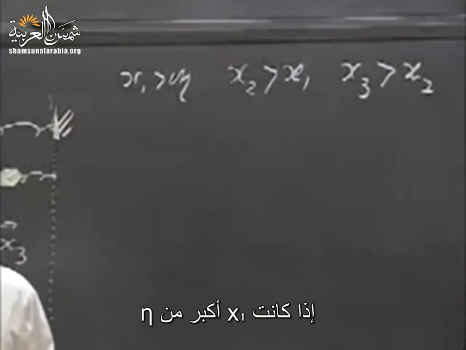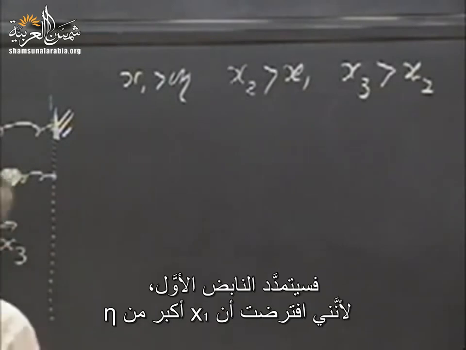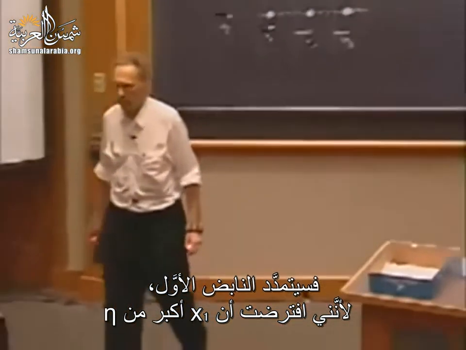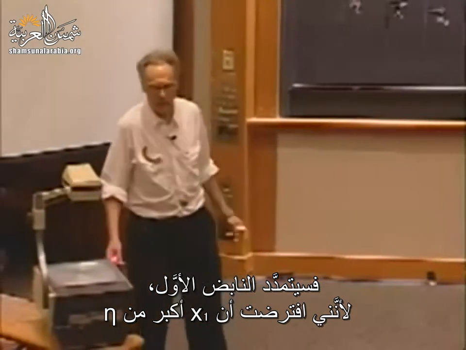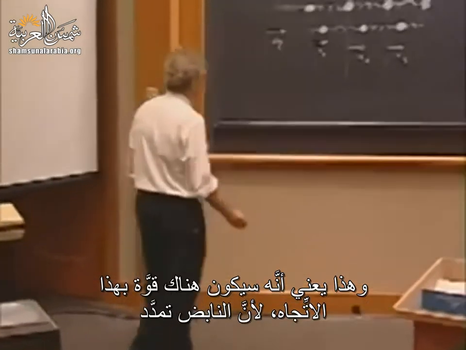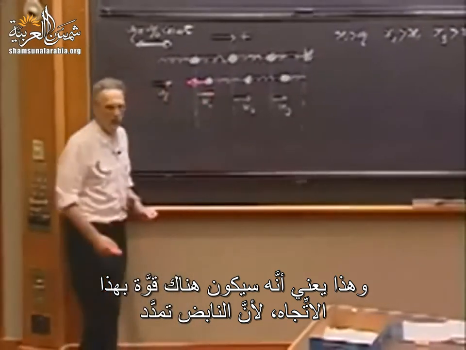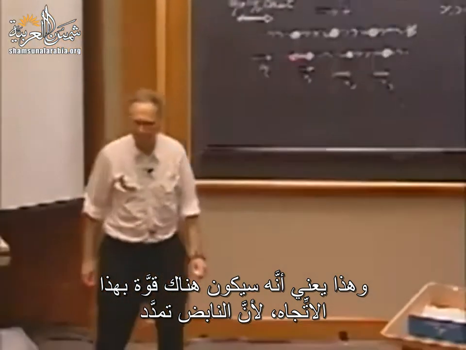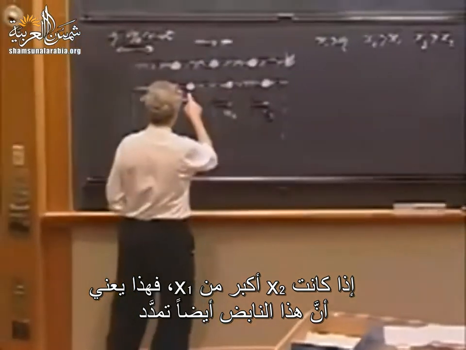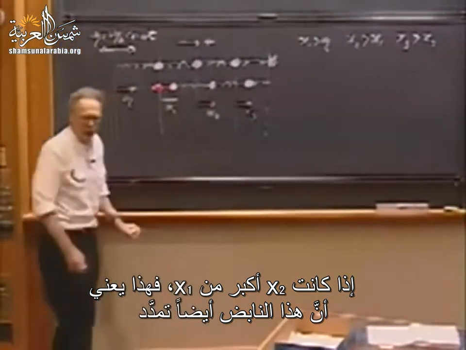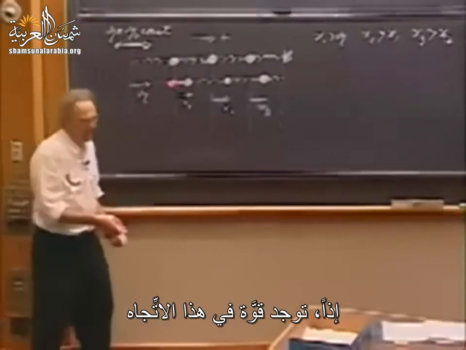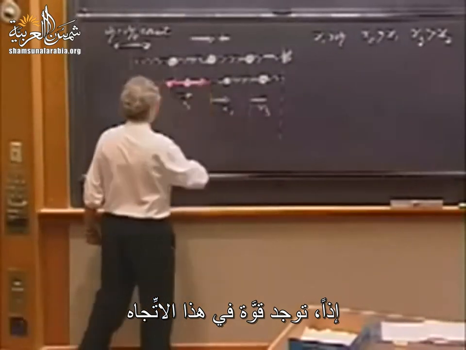If x1 is larger than eta, that first spring is longer than it wants to be. And so that means there will be a force in this direction, because this spring is longer than it wants to be. If x2 is larger than x1, this spring is also longer than it wants to be, so it will want to contract. So there is a force in this direction.